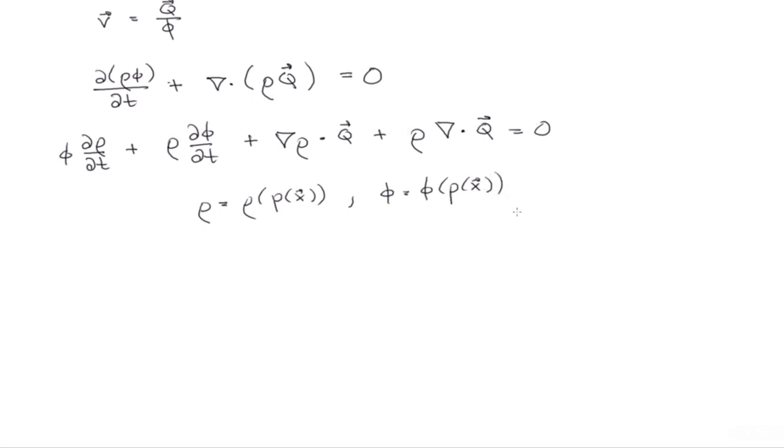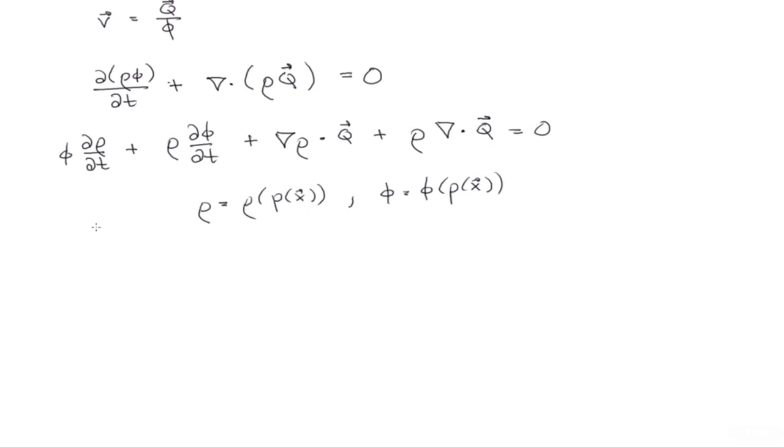And so with this knowledge, everywhere that I have a density or everywhere that I have a porosity, I'm then going to use the chain rule in such a way that I end up with gradients of pressure. Okay, so spatial and temporal gradients of pressure.